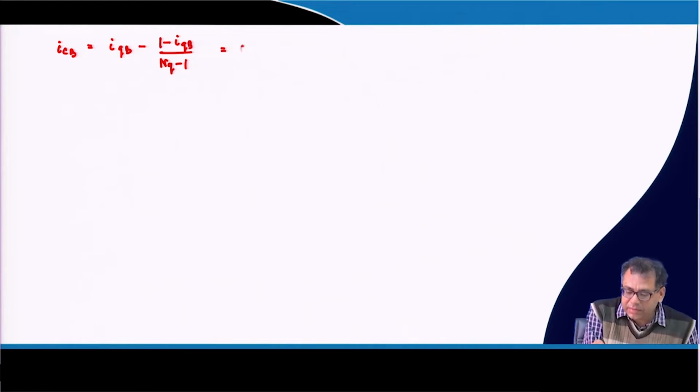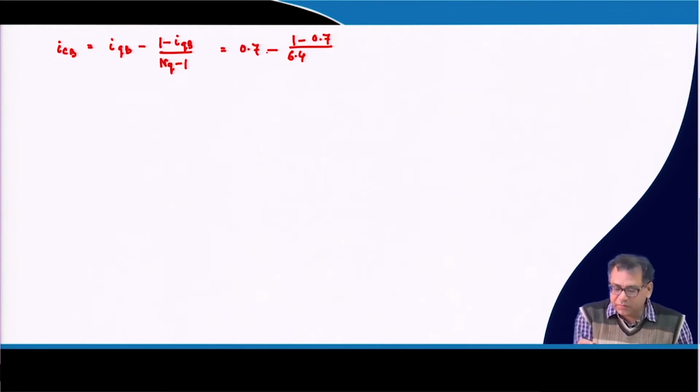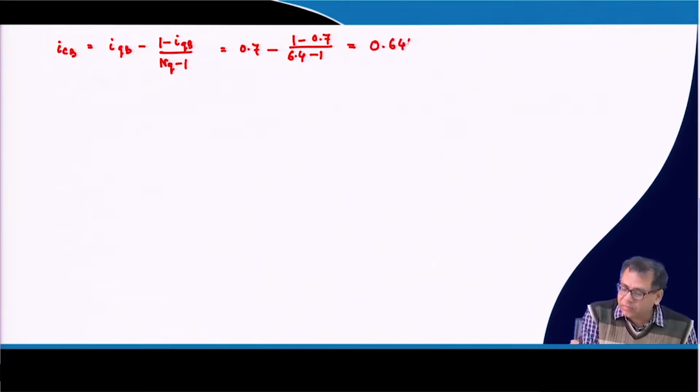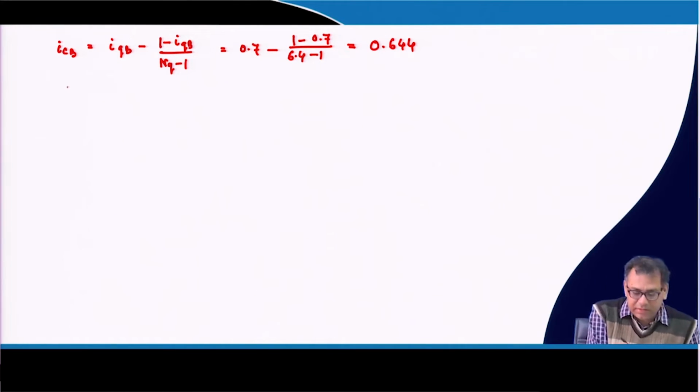So, IQB is 0.7, so 1 minus 0.7, and NQ is 6.4, so NQ minus 1. This value is 0.644.